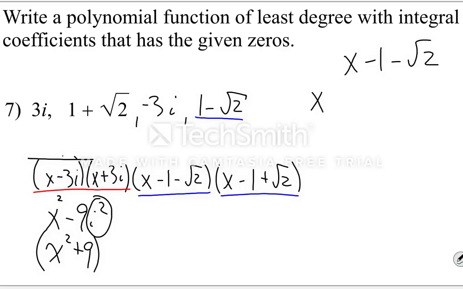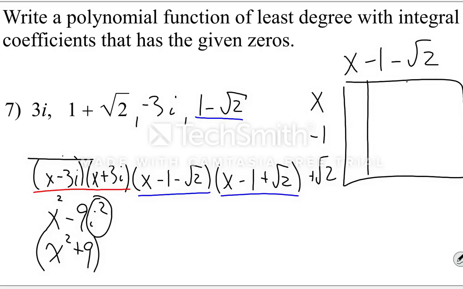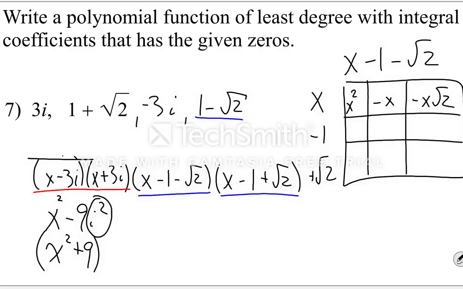I'm going to put x minus 1 plus root 2 on the side. And then I have my 3 by 3 box. So I get x squared, minus x root 2, negative x, 1, positive root 2, I get x root 2, I get negative root 2.